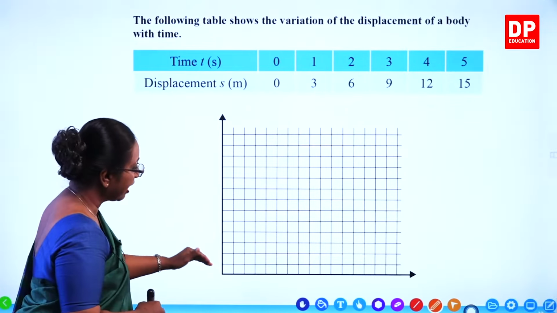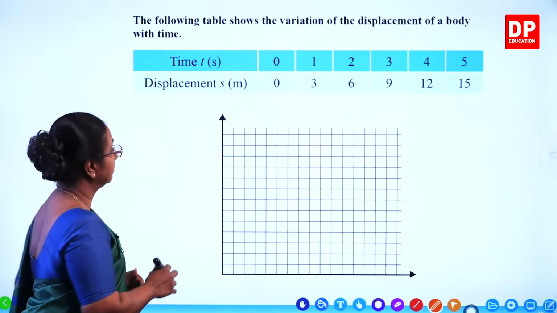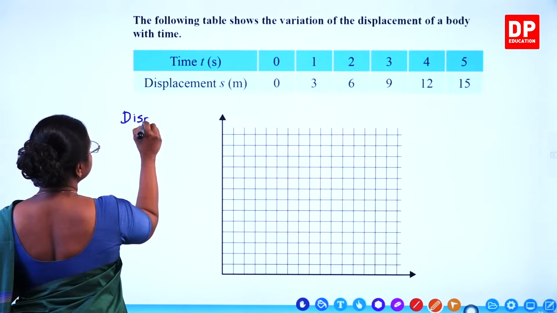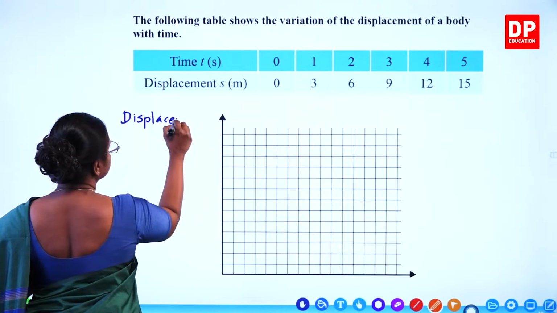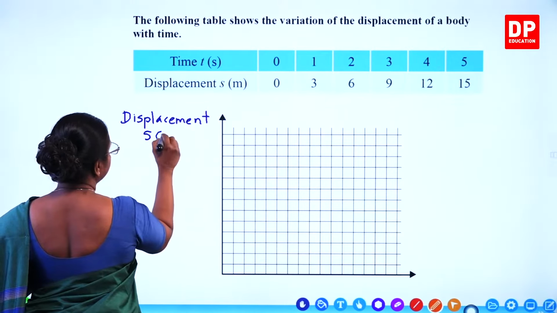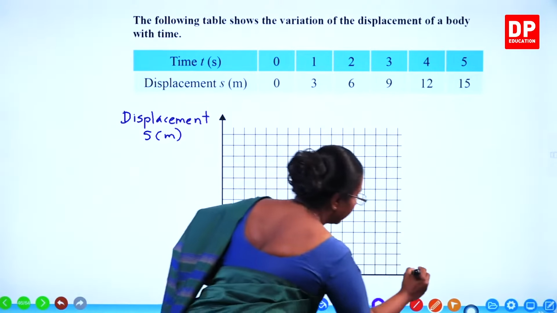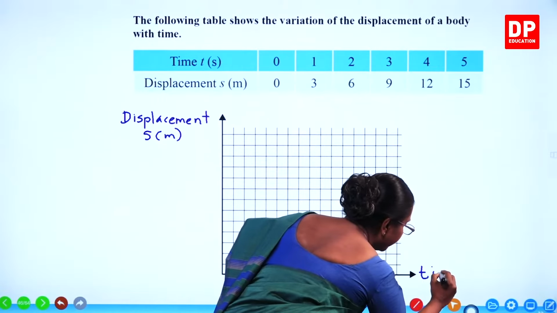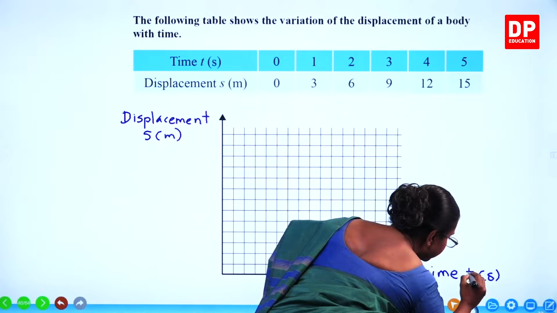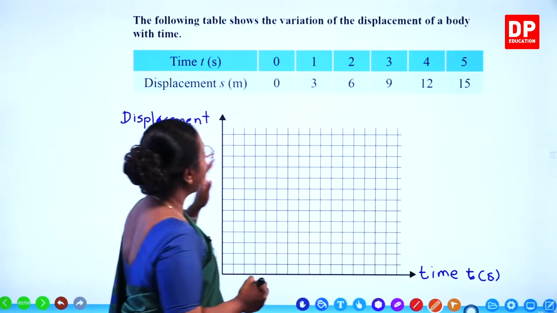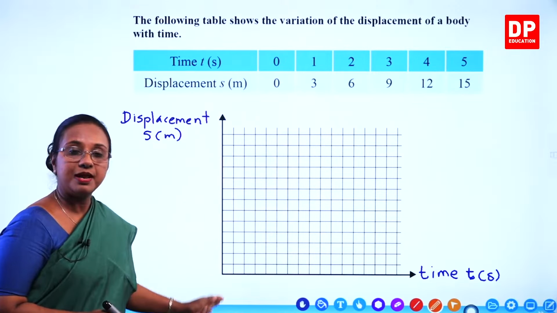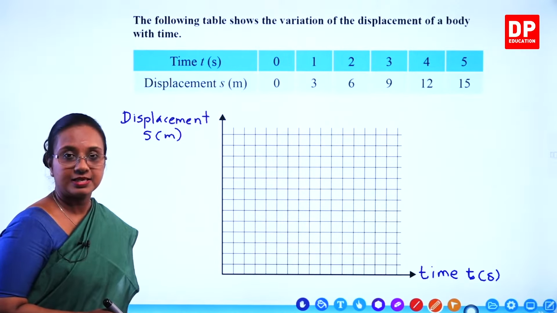So first we will have to label the graph. This is going to be displacement, S in meters, and the x-axis is going to be time, T in seconds. And now we will have to write the values, calibrate the two axes.